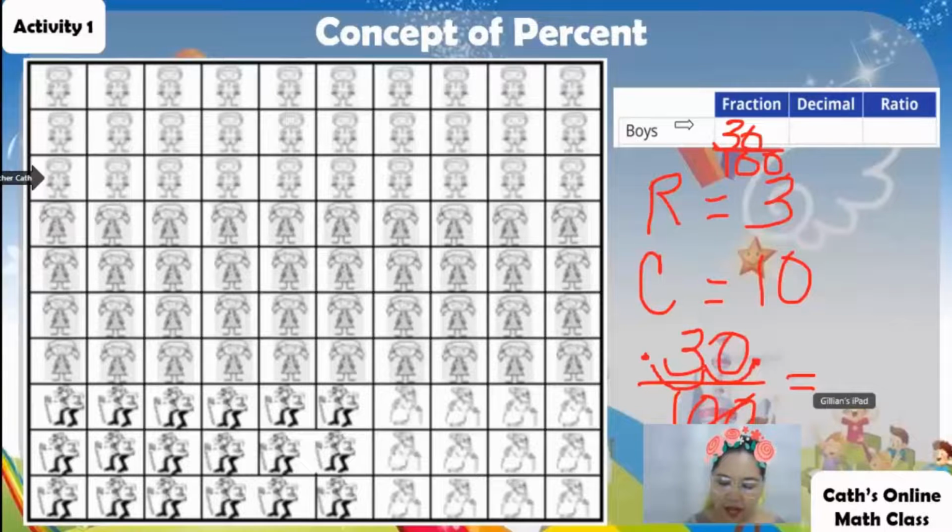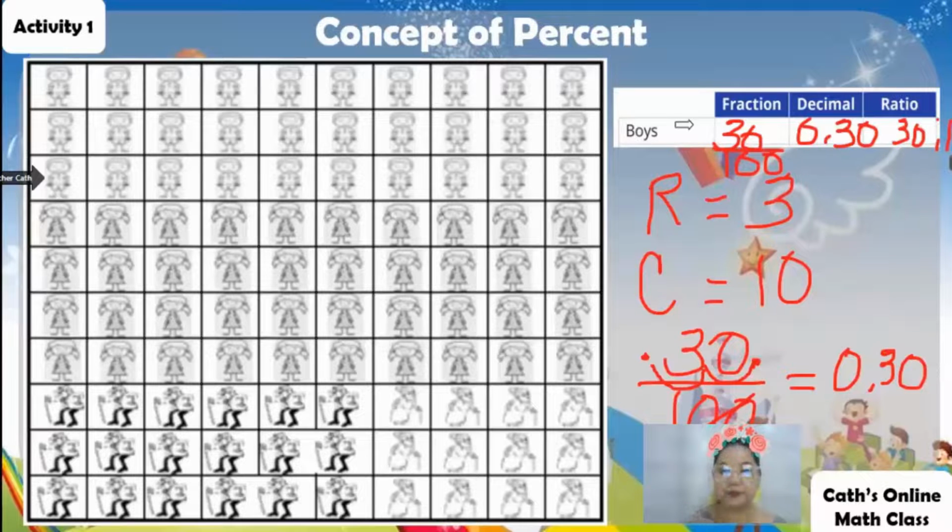And the value in decimal is 0.30. And what is the ratio of this? The relationship of 2 persons or 2 objects. These are the boys, which is 30 is to 100. If that is your answer, then you are correct.